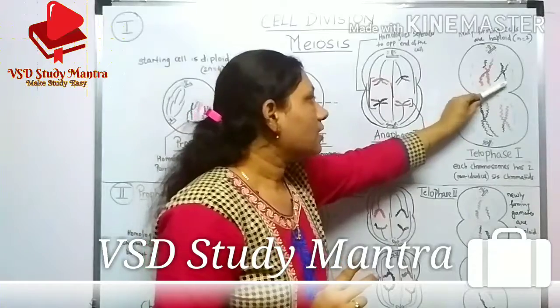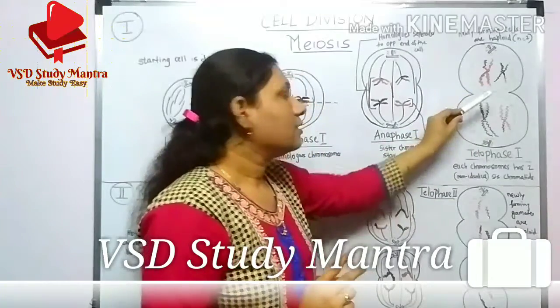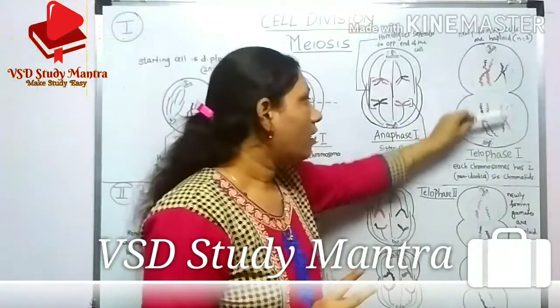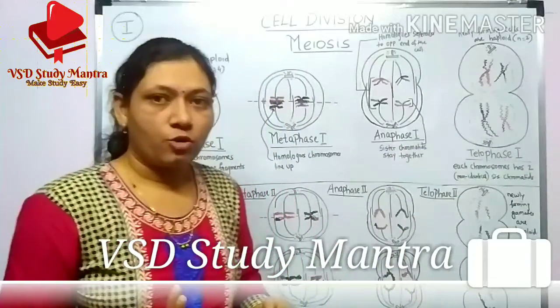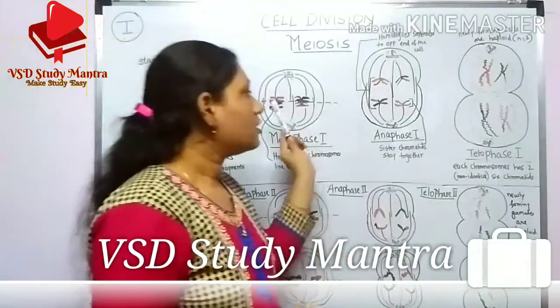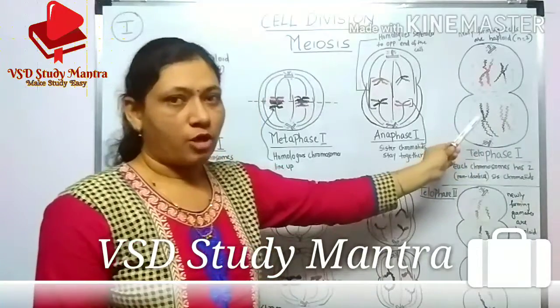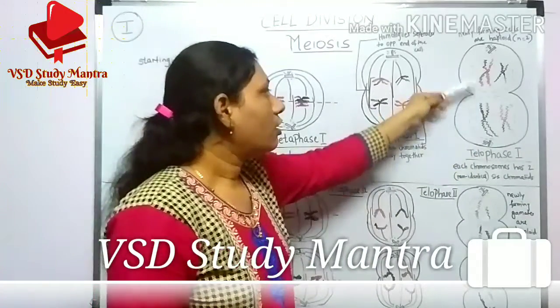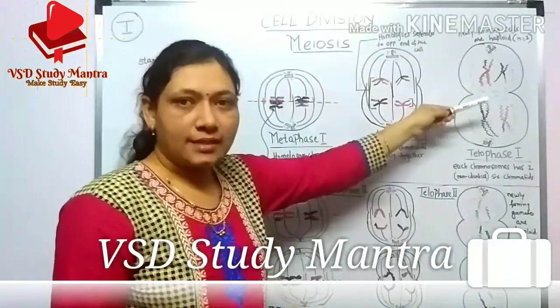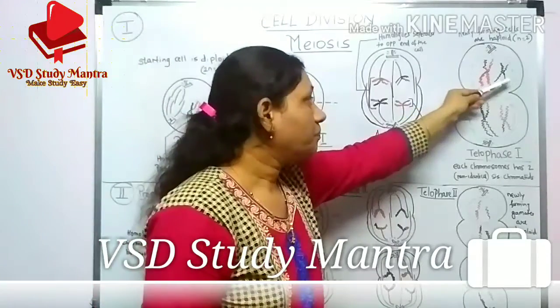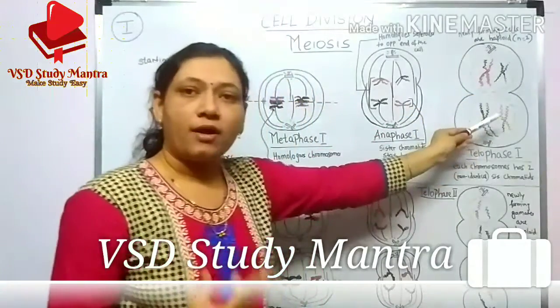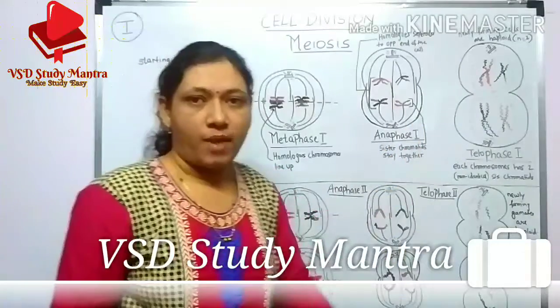See, these two are non-identical sister chromatids. This was the end of phase 1 of meiosis. Here we got two haploid cells which have non-identical sister chromatids.